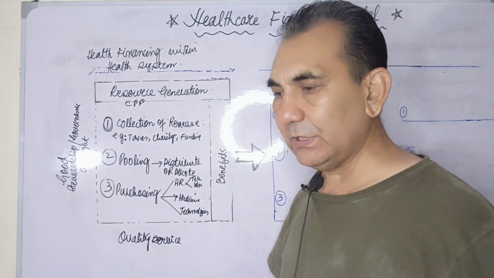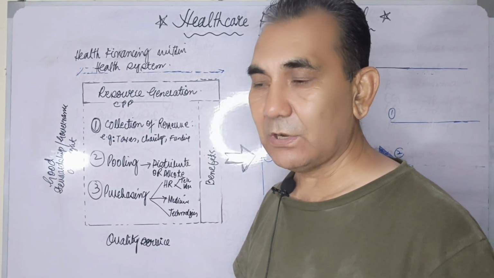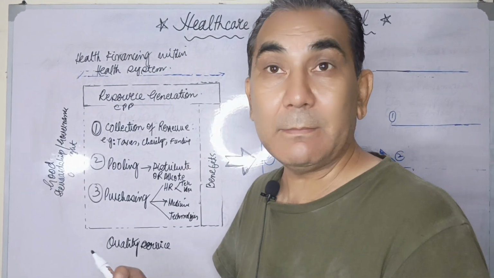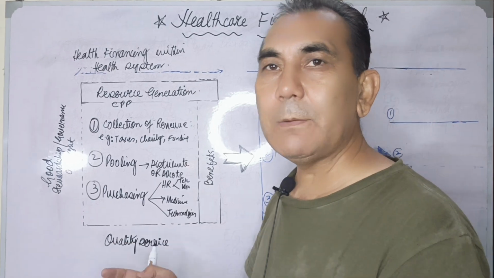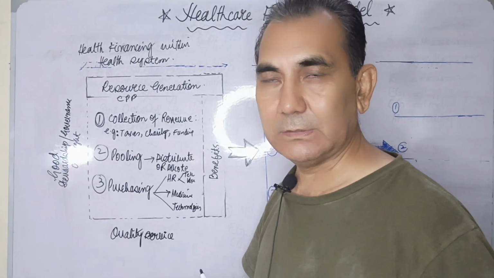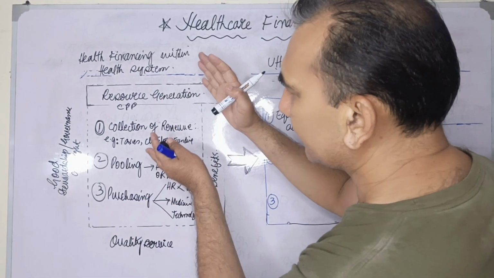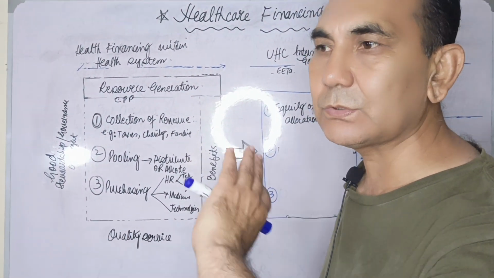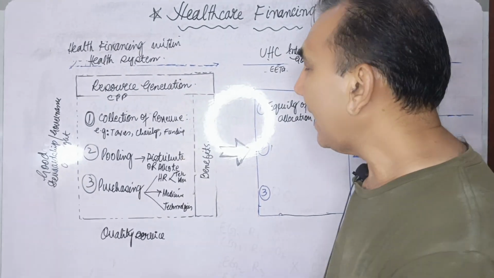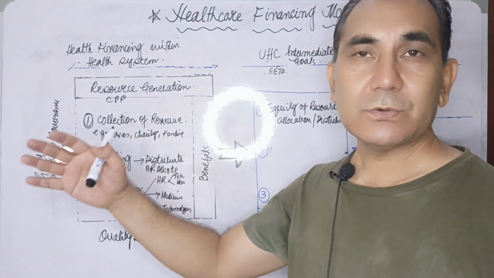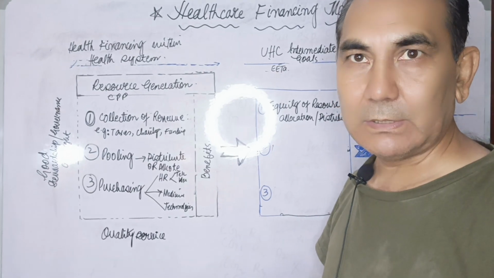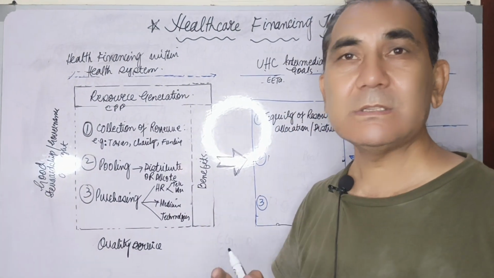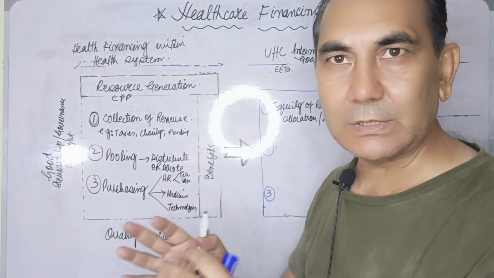If in any community, some cases of disease can be controlled by primary prevention, and 25% of cases are coming at the tertiary level, then as a good governance or stewardship, you should allocate the majority of the resources towards primary prevention, as compared to the 25% of resources allocated for the tertiary level. So this is the mechanism of equity. Equity means allocating the resources according to the needs.